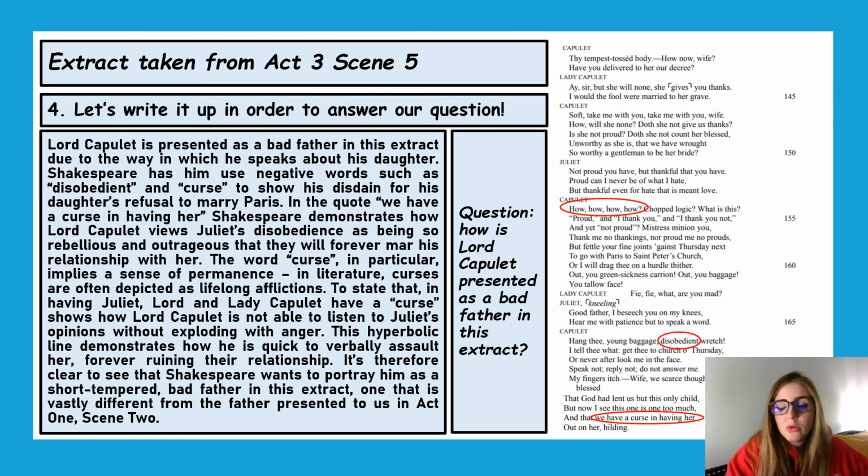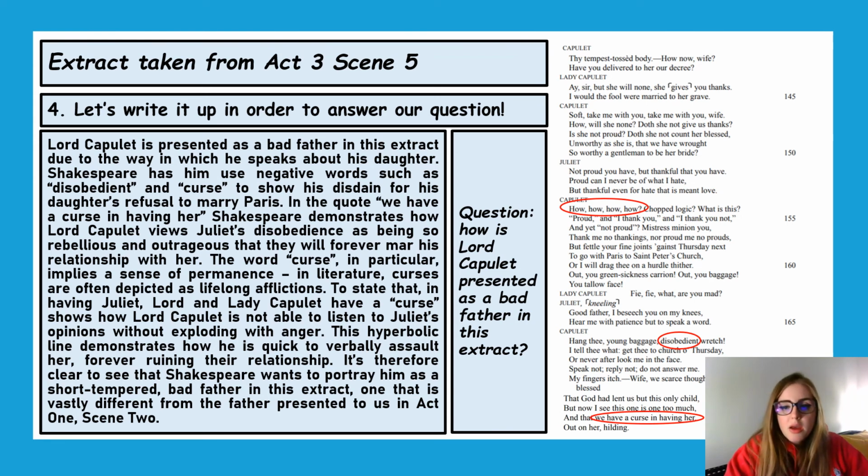Shakespeare demonstrates how Lord Capulet views Juliet's disobedience as being so rebellious and outrageous that they will forever mar his relationship with her. So it's that idea of that affliction being forever. The word curse in particular implies a sense of permanence. In literature, curses are often depicted as lifelong afflictions. So I'm showing off my knowledge from outside of the text.